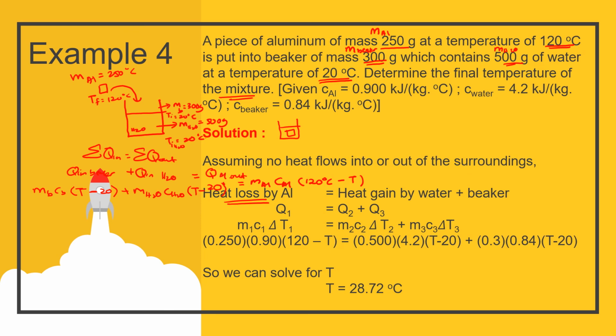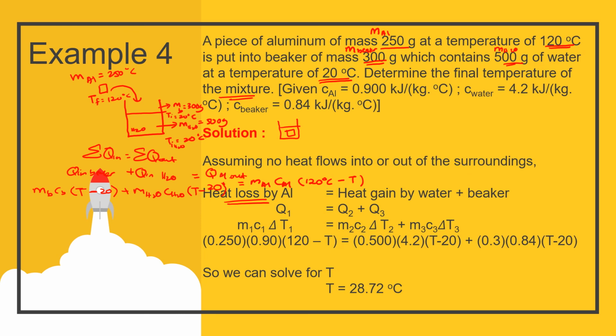Okay, kenapa 120 tu jadi T final untuk heat loss? Sebab ingat, heat dia akan transfer daripada suhu yang tinggi tau. Jadi suhu yang tinggi tu dia akan jadi final. Sebab kalau awak buat dia sebagai initial, dia akan jadi minus kan? So that's why you buat dia sebagai 120 tu adalah T final. Okay, yang T tu adalah T yang bercampur tu. Untuk case outlet dia akan jadi T initial. Okay.